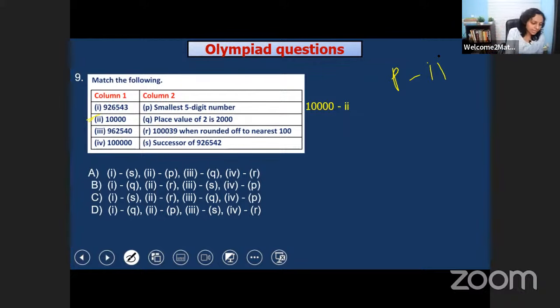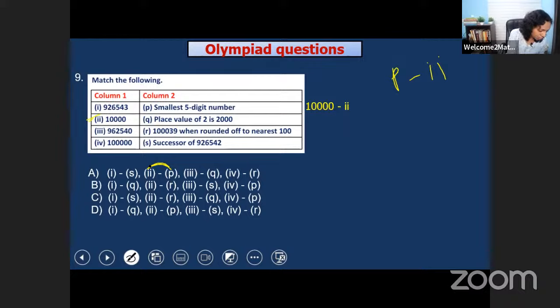Okay. So you see P is 2 here. Whenever you find one answer, how can you choose your answer so fast? Let me tell you. In option A, P is equal to 2.